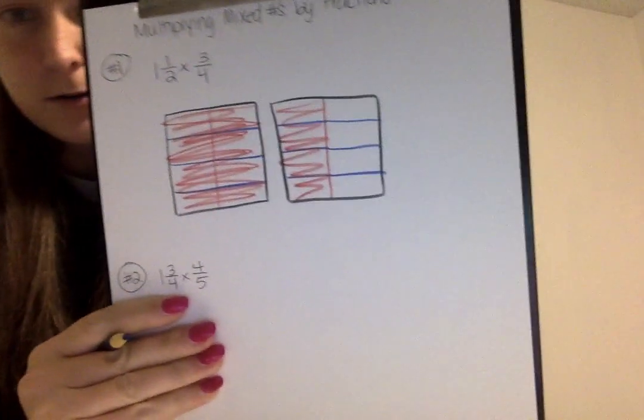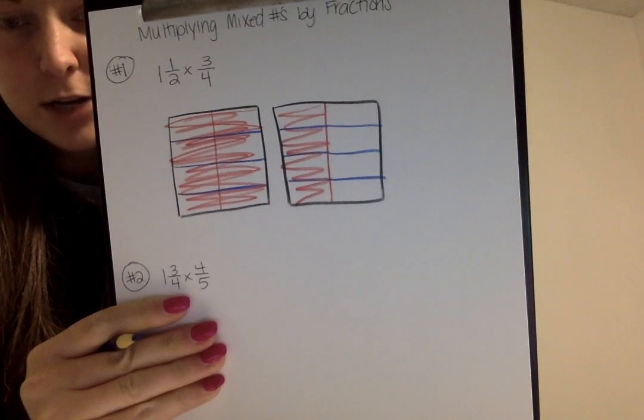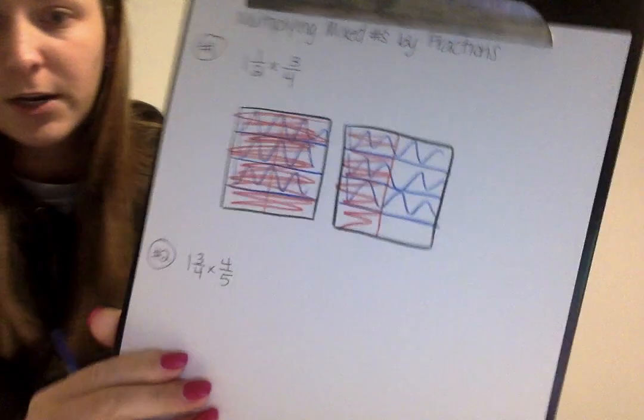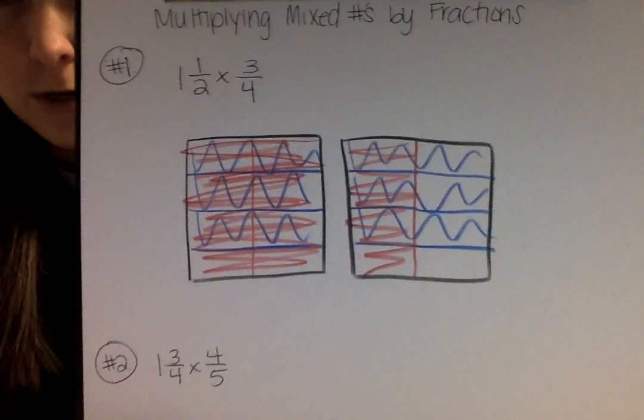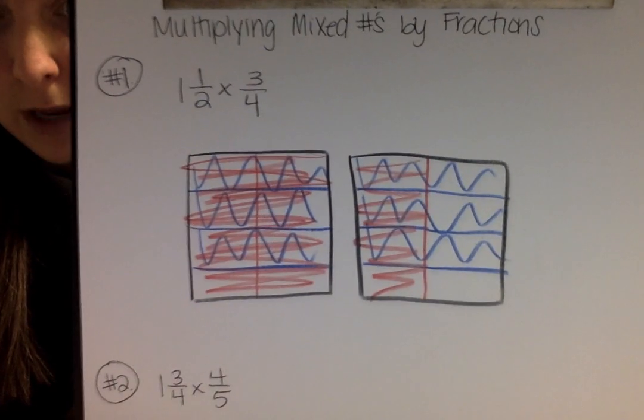So there's what I've done. I can extend the lines all the way across. Doesn't matter, that's fine. And I've got to shade in 3 of those 4ths. So there's 1, 2, 3, 1, 2, 3. So I've shaded in 3/4 of each box. How many squares are colored in both blue and red?